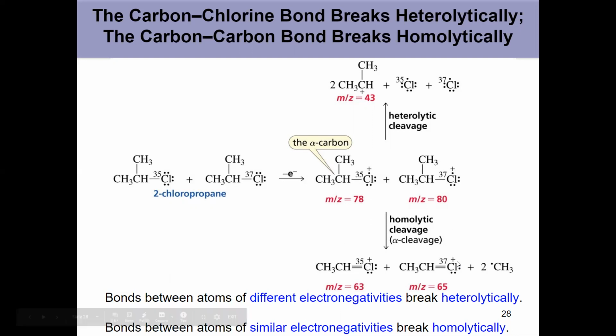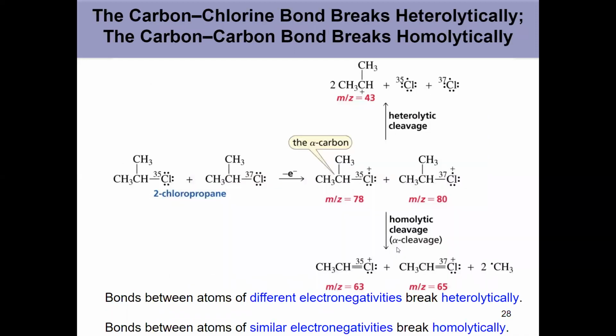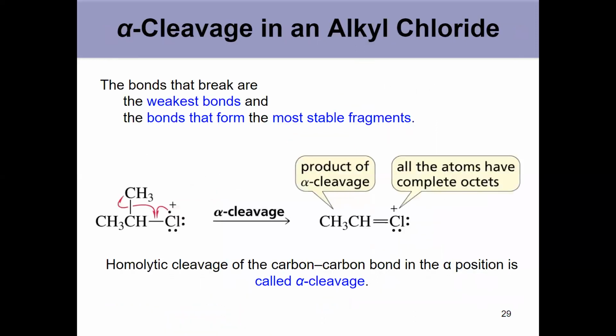So these are just different things to look out for. When you look at a mass spec on a test, you're expected to determine what's present. Those are some clues for chlorine and bromine.